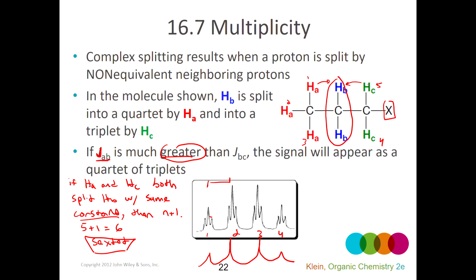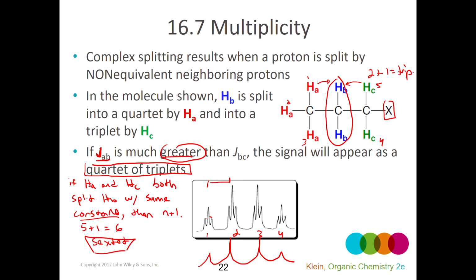And so with C, there are 2 hydrogens of that type. And so 2 plus 1 gives me a triplet. And that's why I see triplets for each one of those. So what is this? It's a quartet of triplets. I've got 4 triplets, a quartet of them.